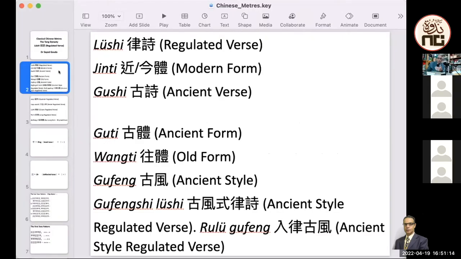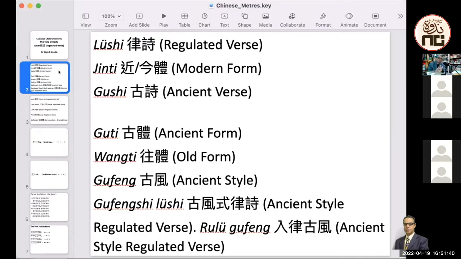In English, it's usually called regulated verse, meaning it comes in a pattern repeated again and again. You can also refer to it as jìntǐshī, meaning close or near these days, so in English you may say modern form.